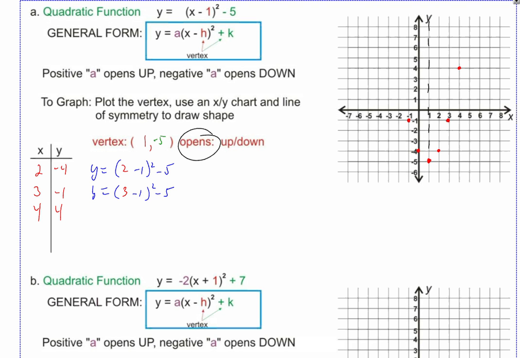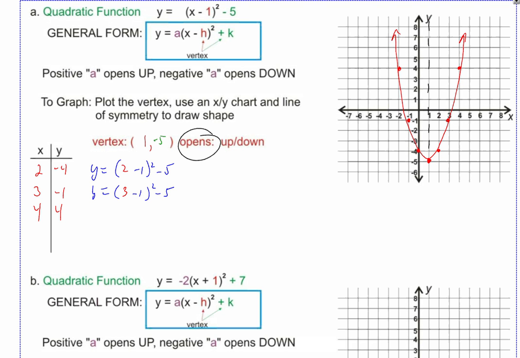Hey, how far away is that from your line of symmetry? 3. So what do you do? Go the other way, 3, right? 1, 2, 3. Draw your parabola. Beautiful. It's a work of art.